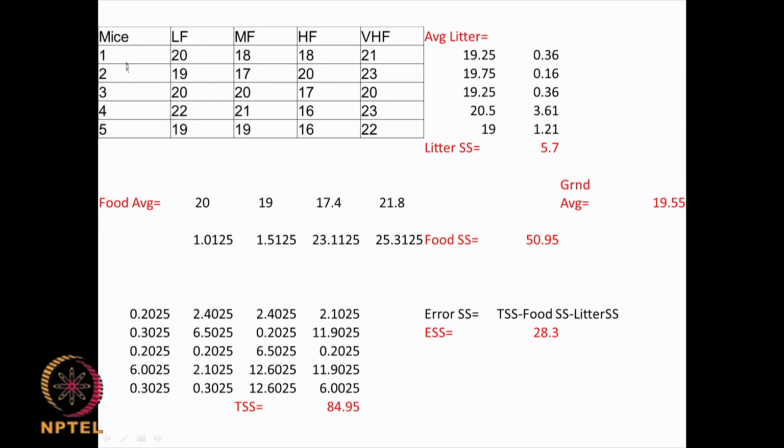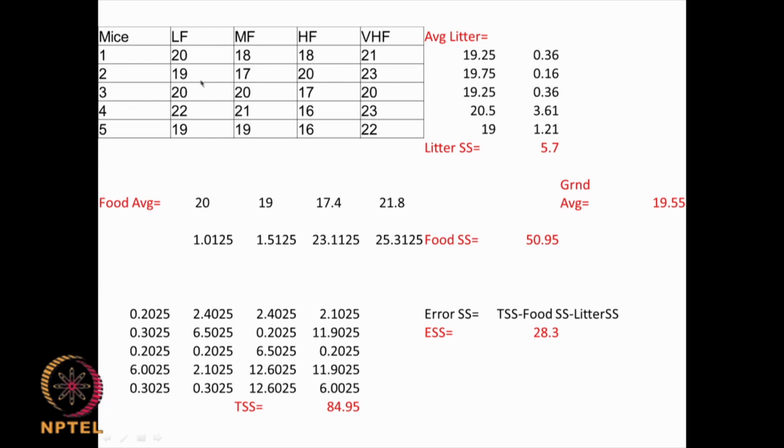So, we have the mouse litter, and these are the foods. I can have an average for food: an average for low fiber food, medium fiber food, high fiber food, very high fiber food. For the grand average or overall average, I take an average of all these. Now, we can also have averages along the rows.